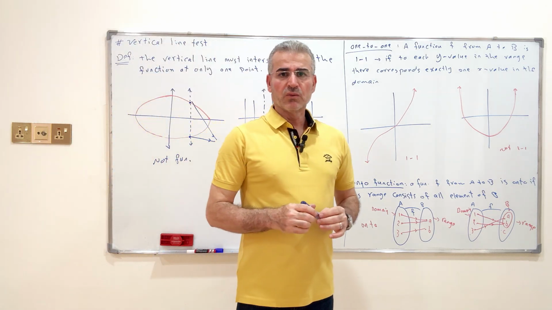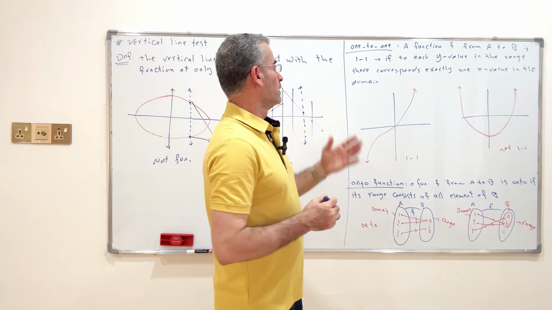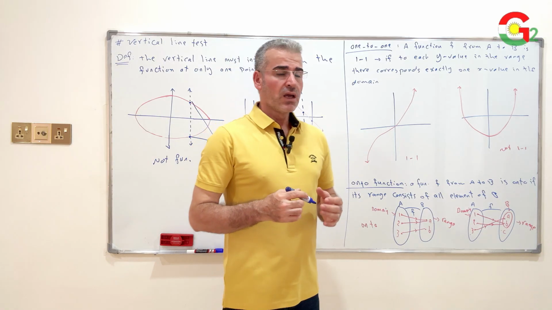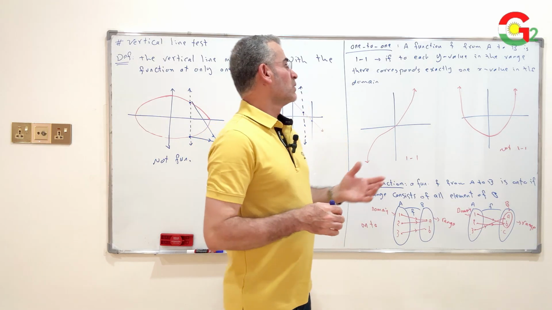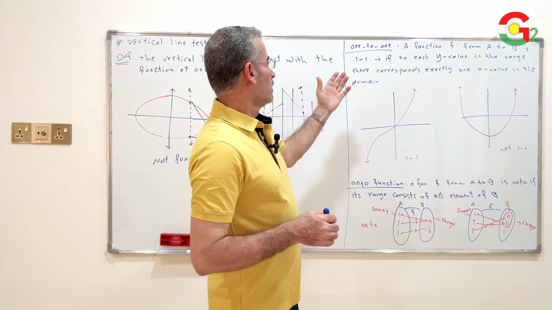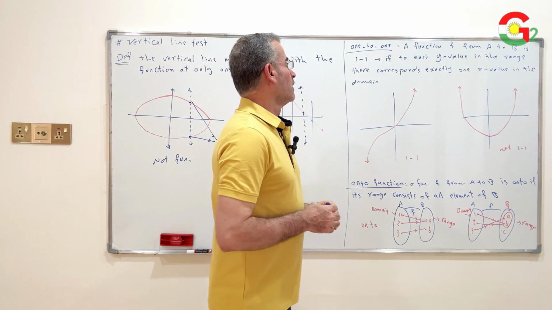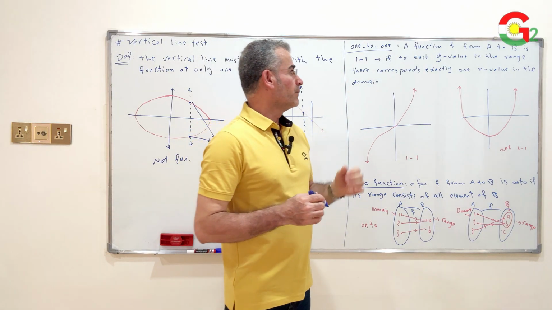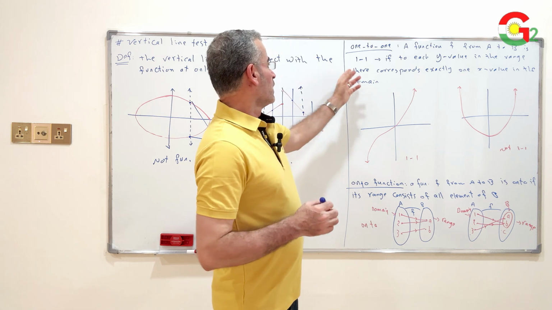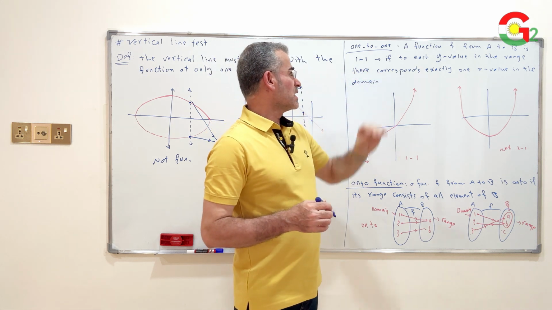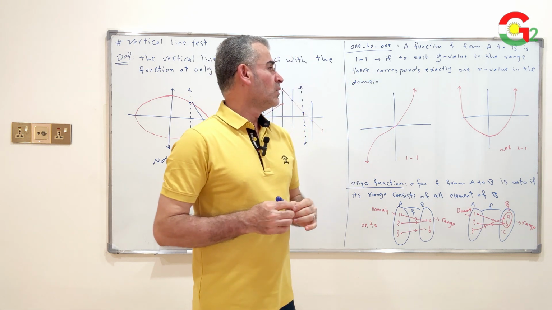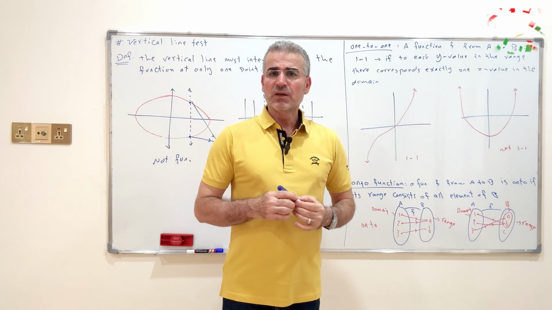One-to-one function. What is the meaning of one-to-one function? A function f from a to b is said to be a one-to-one function if to each value y in the range there corresponds exactly one value for x in the domain.